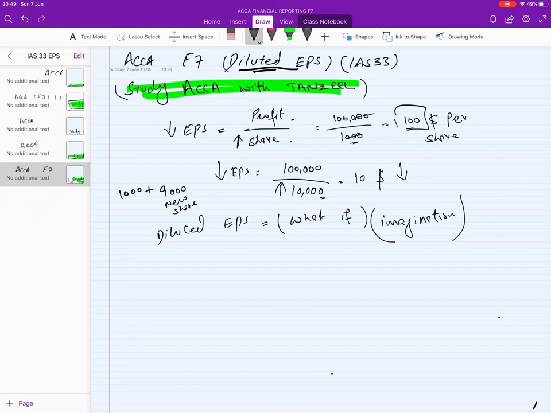In diluted EPS, we will study two things: one is share options and one is convertible loan notes. A convertible loan means that we are giving you loan notes, and after 5 years you can redeem these loan notes into cash or into shares. This is the main theme we're going to study.